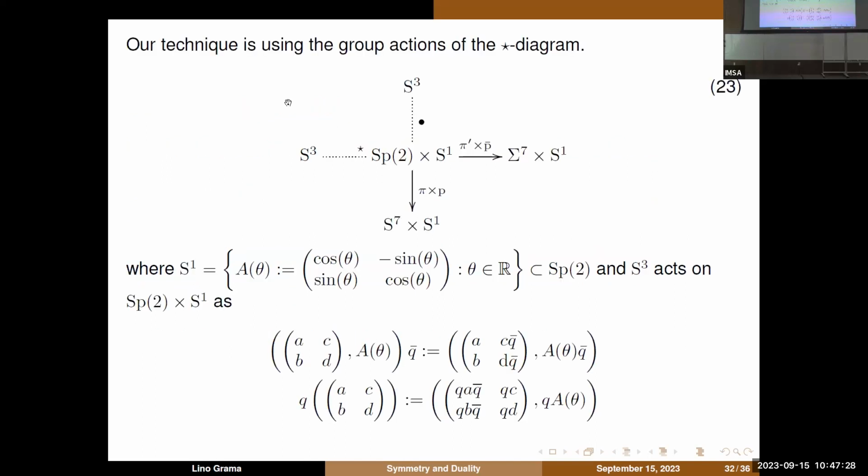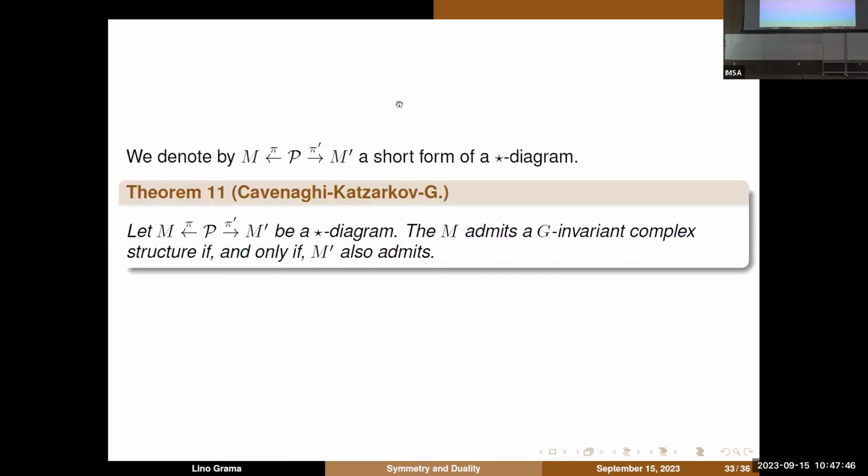And we can use our technique and produce this star diagram. We have some explicit actions here, and then we can adapt here the total space for the 8 dimension. And we have some general result here. And we are using all the machinery we are developing.